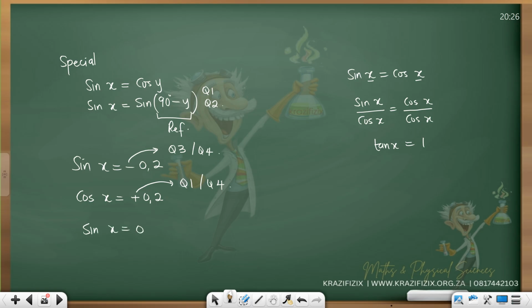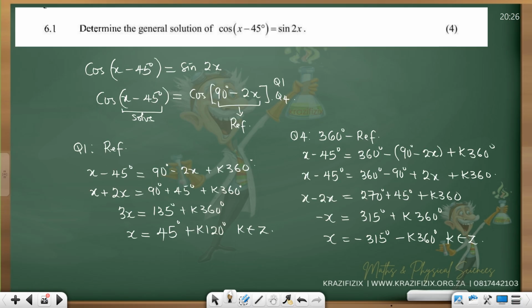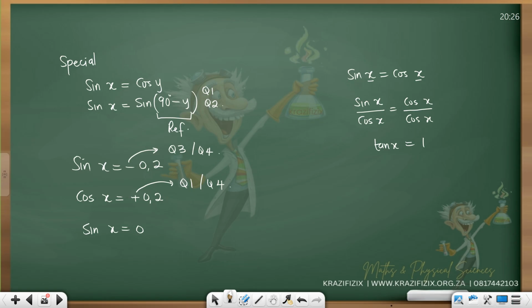That's how you know. If I have positive cos, it is quadrant 1 and quadrant 4. It's because, for this example, you used quadrant 1 and quadrant 4 simply because I'm dealing with cos: cos of 90 minus 2x is positive. If I had a negative here, then I would have said it's a negative value. So that's how we check which quadrant.